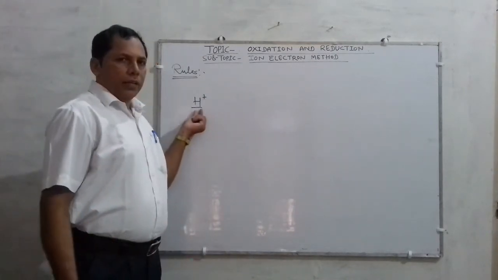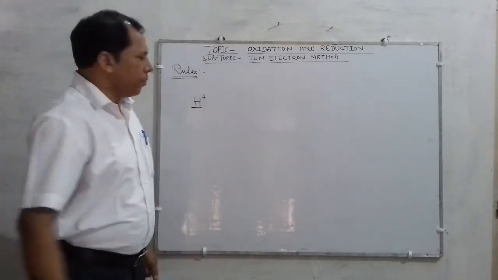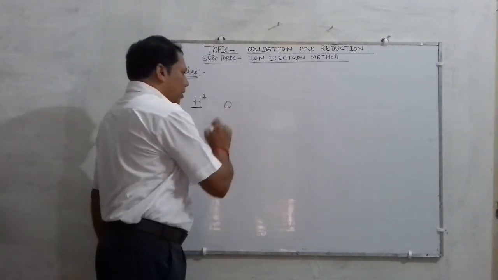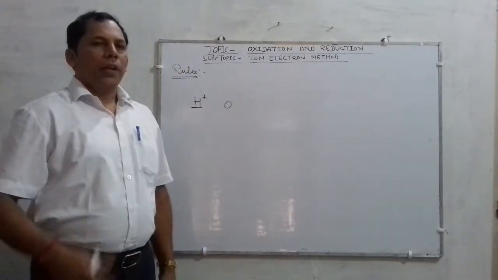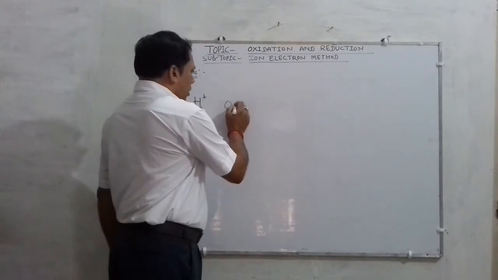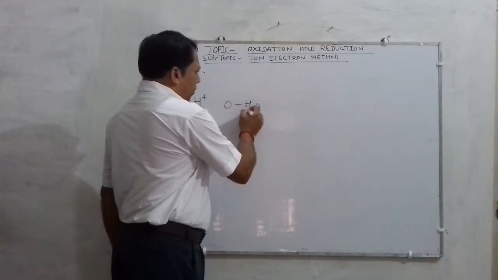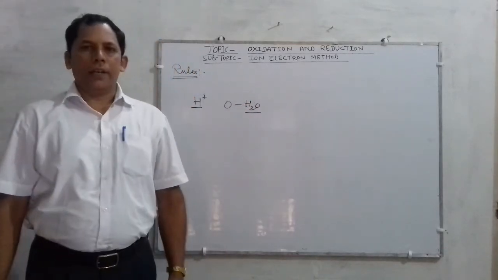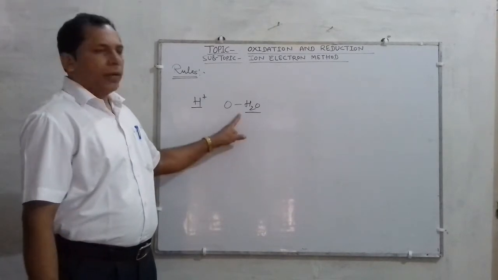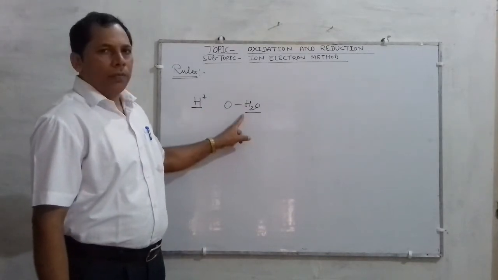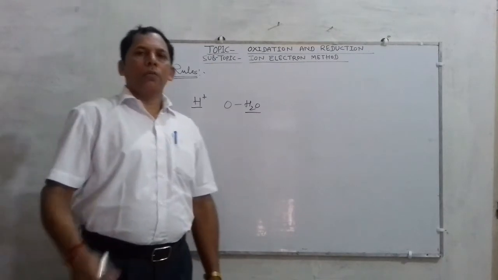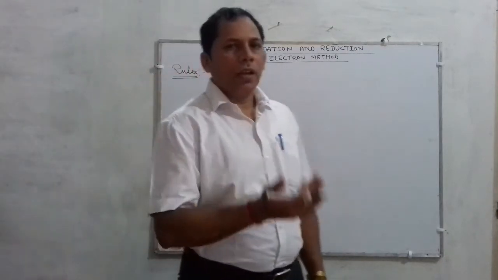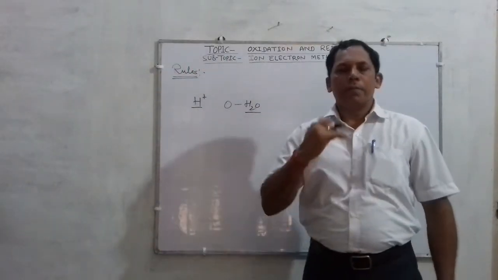Similarly, for balancing of oxygen atoms, an equal number of water molecules is added on the reverse side. This is the only difference between acidic and basic medium. All the rest of the rules are similar to the case of basic medium.